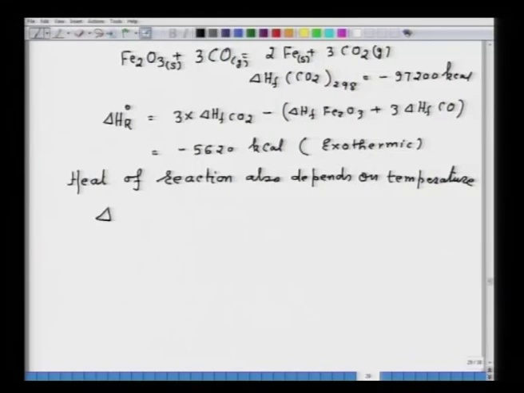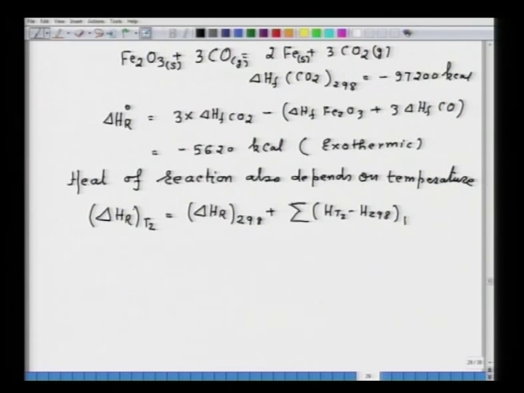So, heat of reaction, say delta H R at any temperature T2, will be equal to delta H R at 298 Kelvin plus H T2 minus H 298 for products, minus H T2 minus H 298 for reactants.